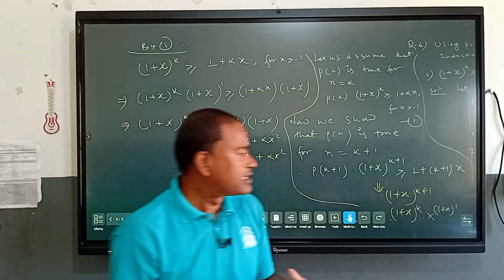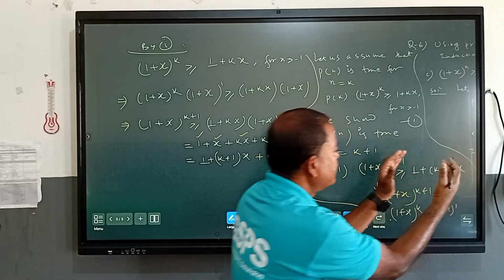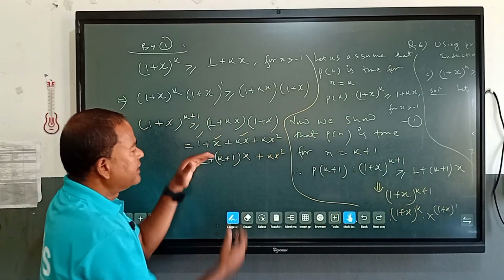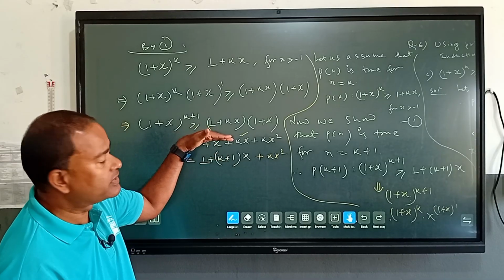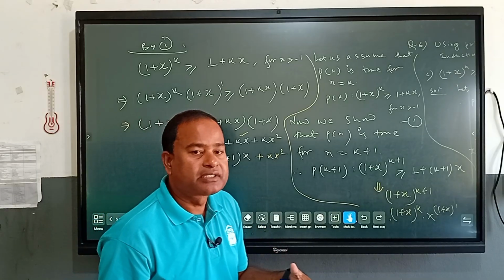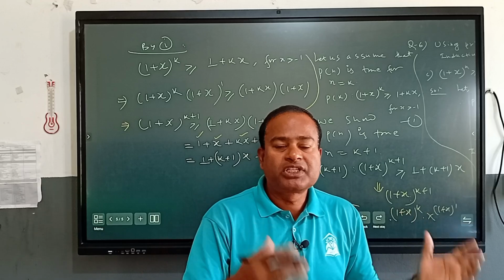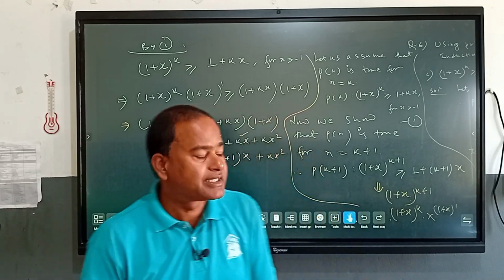So whatever we need, that means the expression on the right hand side, we simply copy and write over here. Then the terms we have, we balance with the previous one, and the remaining terms we write at the end. So dear students, this type of process is called manipulation. According to our need, we manage, and again we just balance it.